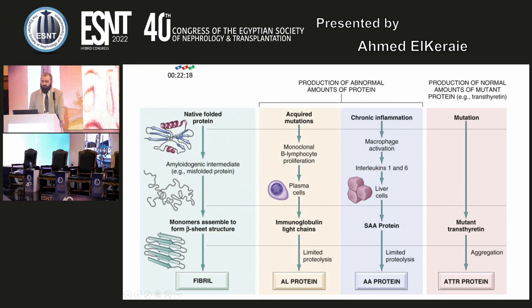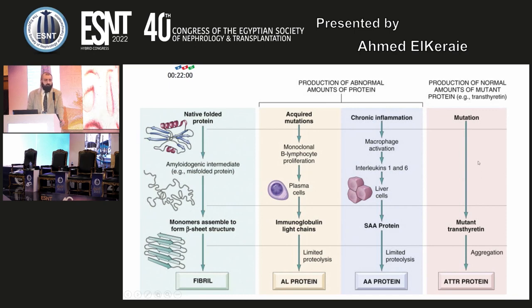Or it can be the other way around: chronic inflammation causes macrophage activation with interleukin 1 and 6, particularly in the liver cell, and serum amyloid A would be increased, and again limited proteolysis leads to AA amyloidosis.